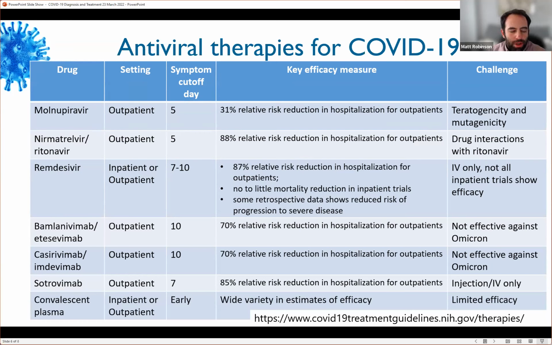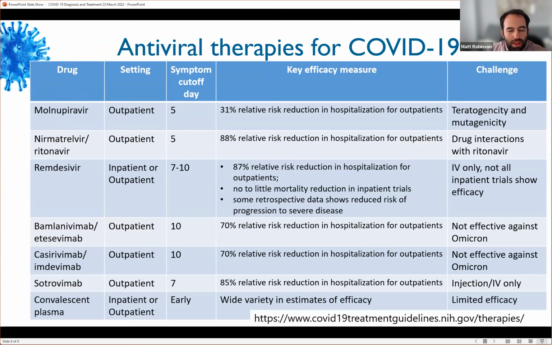The trial for molnupiravir did not show quite as strong of a response to therapy, with only a 31% relative risk reduction. It's important to note that you can't compare these numbers between trials because in many cases the variants were different, the settings were different, but I think you can get a general sense of the effect.